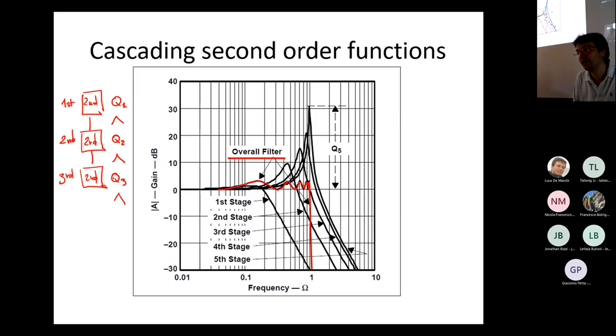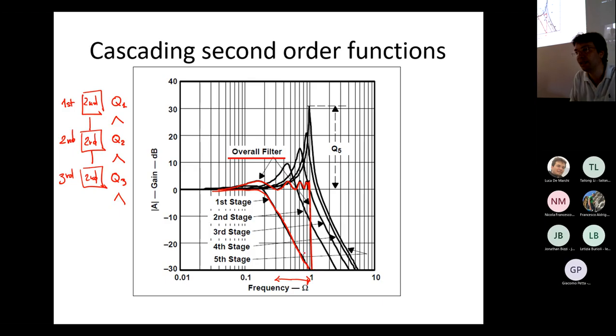In this way, when we have this low Q factor at the beginning, we have the advantage of having a relatively stronger attenuation to the frequencies which are placed in the upper end of the passband region.